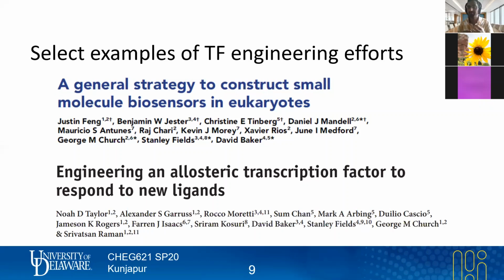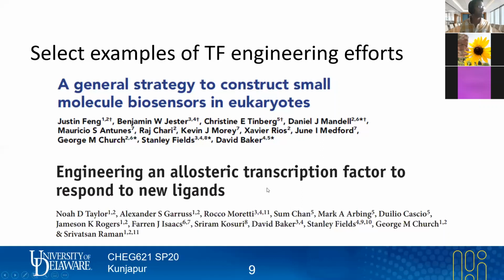It would be conditionally destabilized. And by not folding correctly, it would get degraded rapidly. And so that was a way of saying, hey, if I have my small molecule around, then proportional to the amount of small molecule, I'm going to have transcriptional activation domains. And so that was one strategy.